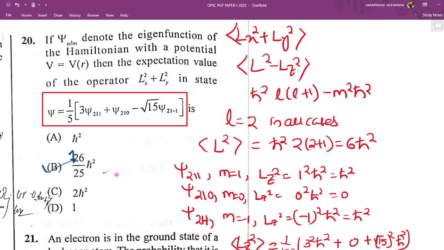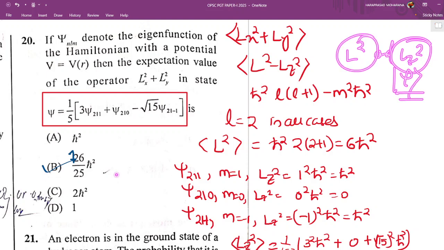Okay, so I have already solved this question for you. I will just take you through the solution. We are given Lx square plus Ly square, whose expectation value we need to calculate. For this, we know the operators L square and Lz square. We know the eigenvalue when these operators act on a state.